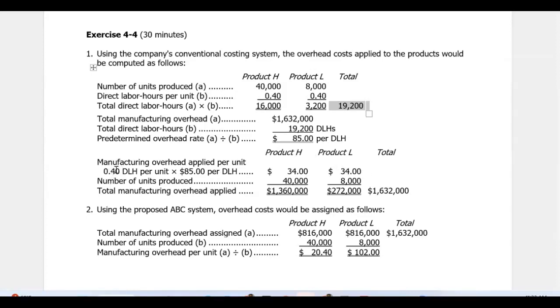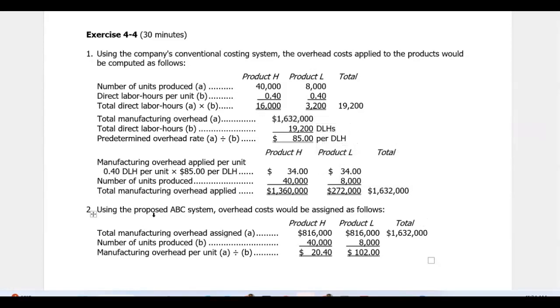Because they use the same direct labor hours, they get the same manufacturing overhead. With 40,000 units times 34, that will be $1,360,000 for product H and $272,000 for product L, which combined is exactly equal to your estimated manufacturing overhead.